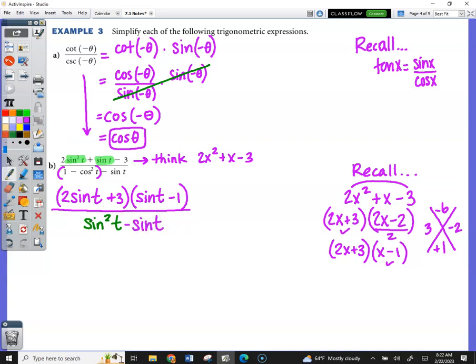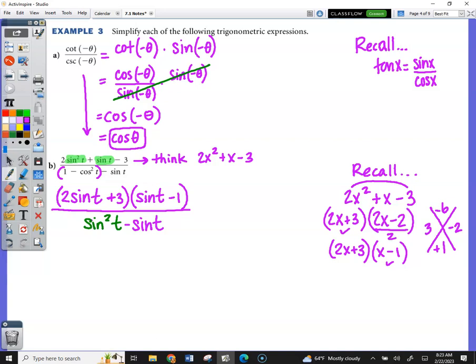Minus sine of t. When you're doing this, if you have a fraction, use pieces that you've already simplified as clues and indicators of directions to go. Right now, this looks like a hot mess.